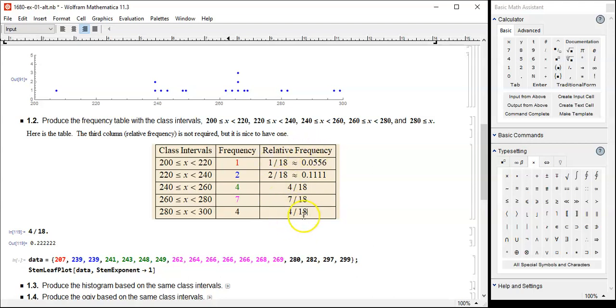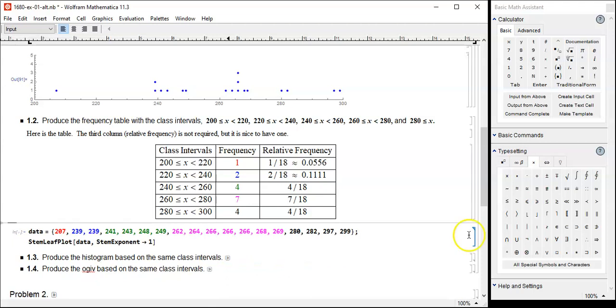So if you get all the relative frequencies and add them all up, you have to get total. Total should be 1. If you prefer percentages, total will be 100%. Here, if you add the frequencies, then total will be the number of data, 18 in this case. So based upon frequency or relative frequency, you can produce a histogram. It's easier to produce with frequency and it takes less time.